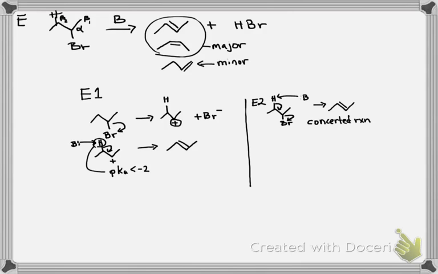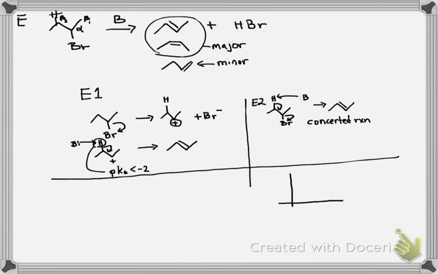Okay, so let's put a few more details on here. We're going to do the energy diagrams. Let's do E2 first. What does the E2 energy diagram look like? One hump.